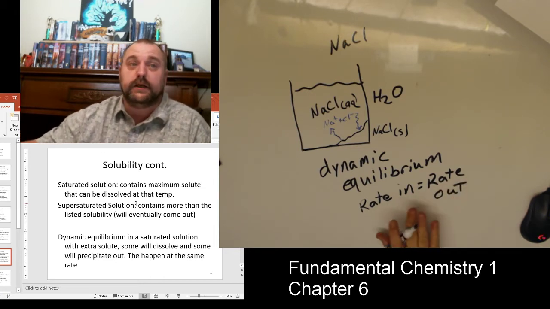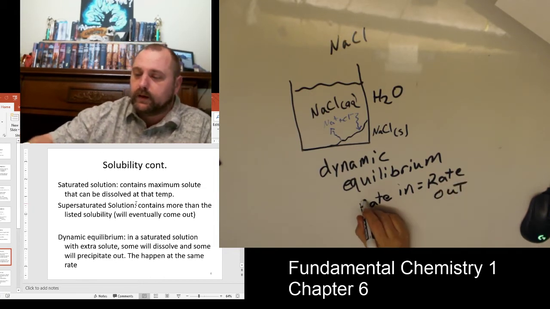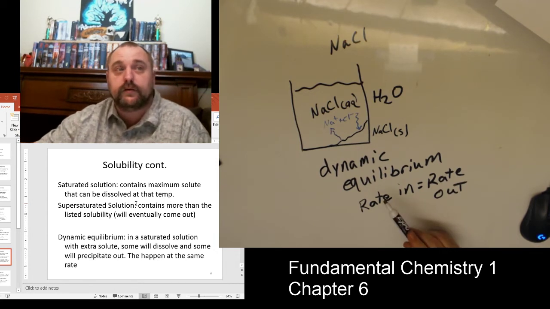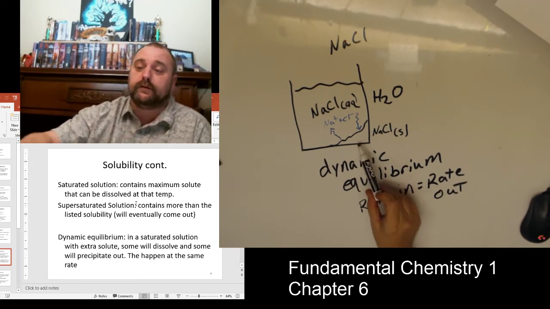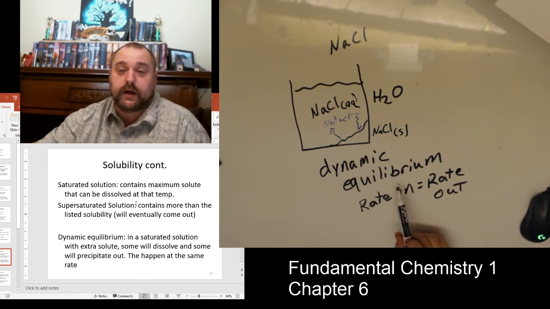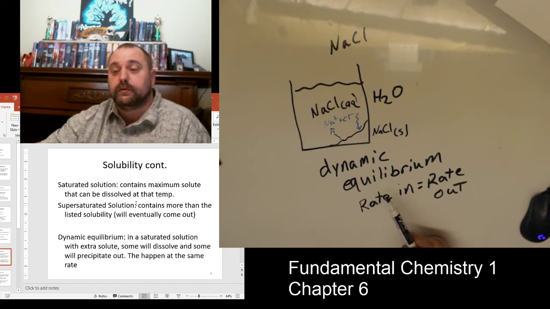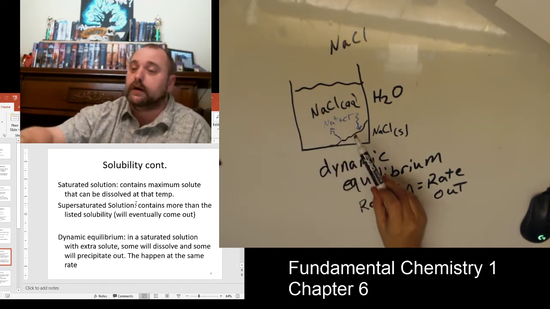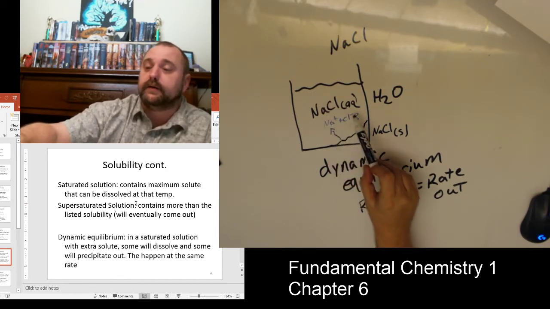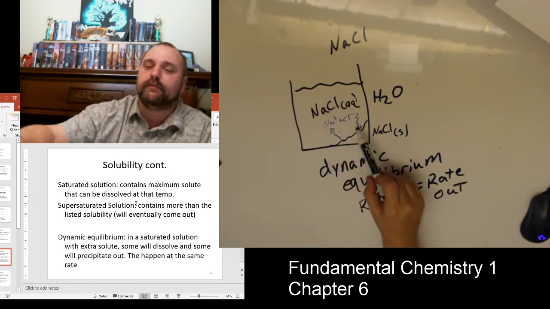Now, rate is speed. All right. And so how fast things are going into solution is as fast as they are coming out. So the amount of salt here doesn't change, but the actual atoms that are involved are constantly being swapped at the surface. Some are going in and some are coming out, and they're constantly going back and forth.